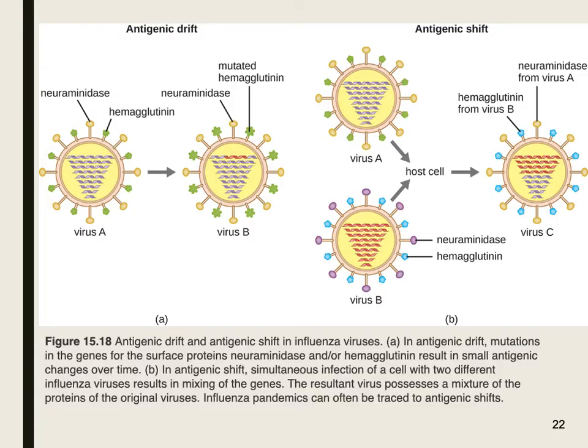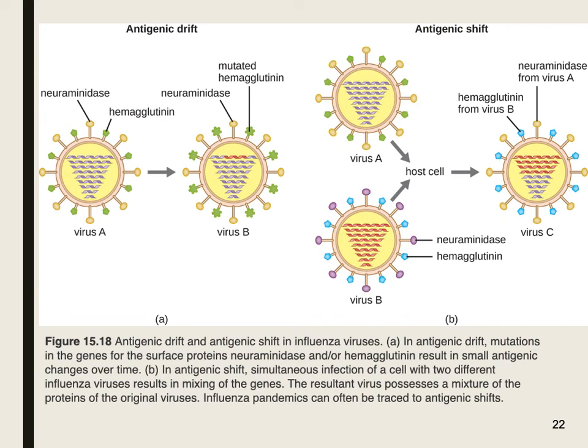So when we look at antigenic variation, what can happen is we can get what's known as antigenic drift or antigenic shift, okay? With antigenic drift, there are small changes to those hemagglutinins and neuraminidases, and those small differences happen over time just because of random mutations, just like in our own cells, as we replicate and use the genome to make proteins.